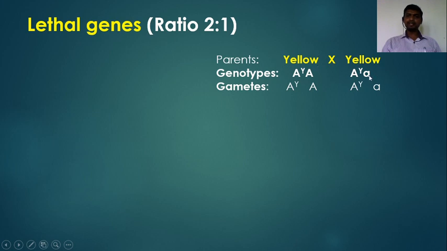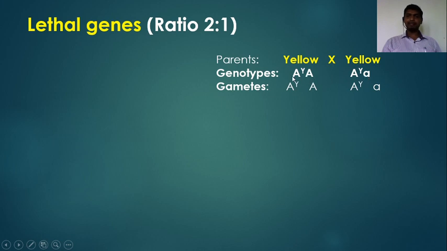Similarly, when a cross has been made between the yellow and black, this yellow is dominant over the black, so the yellow hybrid has been formed in this cross. Now such hybrids have been taken in the cross, one having a genotype of capital AY, capital A, another one having a genotype of capital AY and small a.